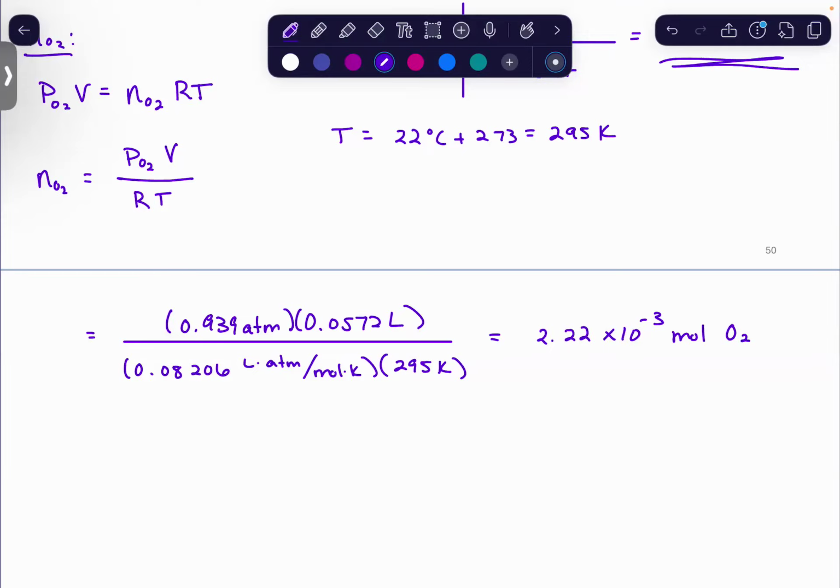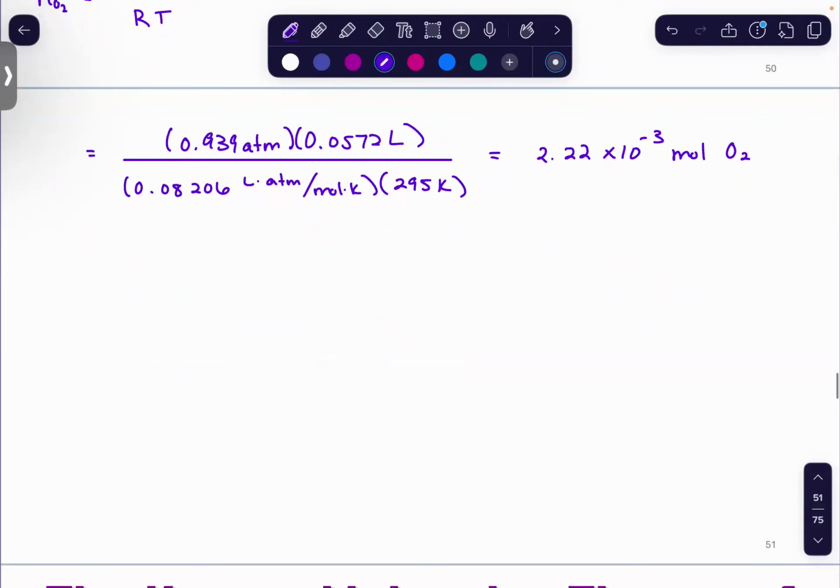Now from here, we can just do a simple calculation like we've been doing to find the mass of sodium chlorate.